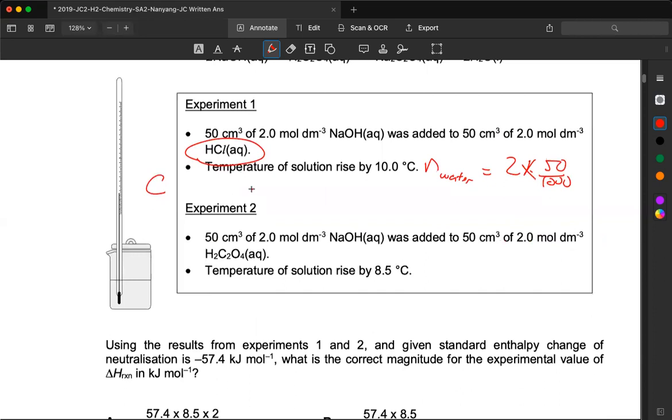So the amount of heat evolved is equal to the heat absorbed.